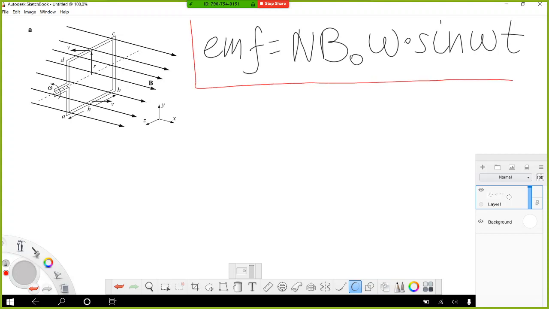Okay, if we look at this device, it is clearly an AC generator, or alternating current generator, and the electromotive force is directly proportional to the angular velocity and the magnetic flux density.